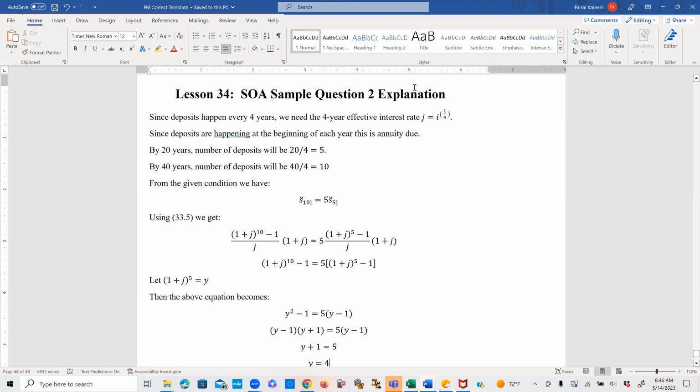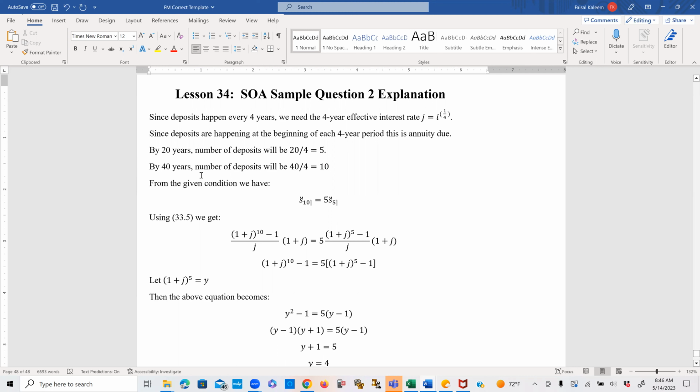And since the deposits are happening at the beginning of each 4-year period, this is an annuity due, because in an annuity due, the deposits happen at the beginning of each period.